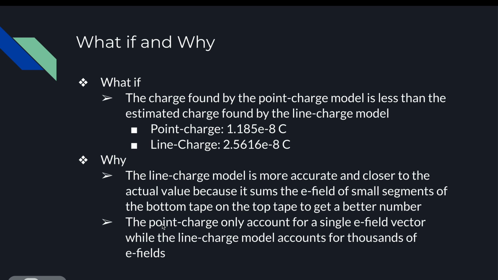The point charge only accounts for a single electric field vector because we assume that all the charge is in one collective point. So it's only going to create one E field vector, while the line charge model accounts for thousands of E field vectors. And that was basically my lab.